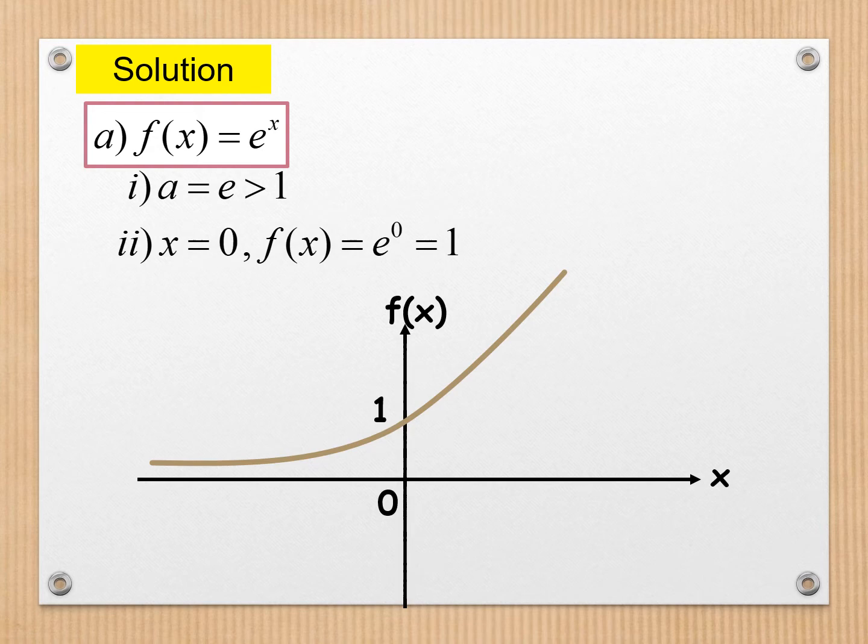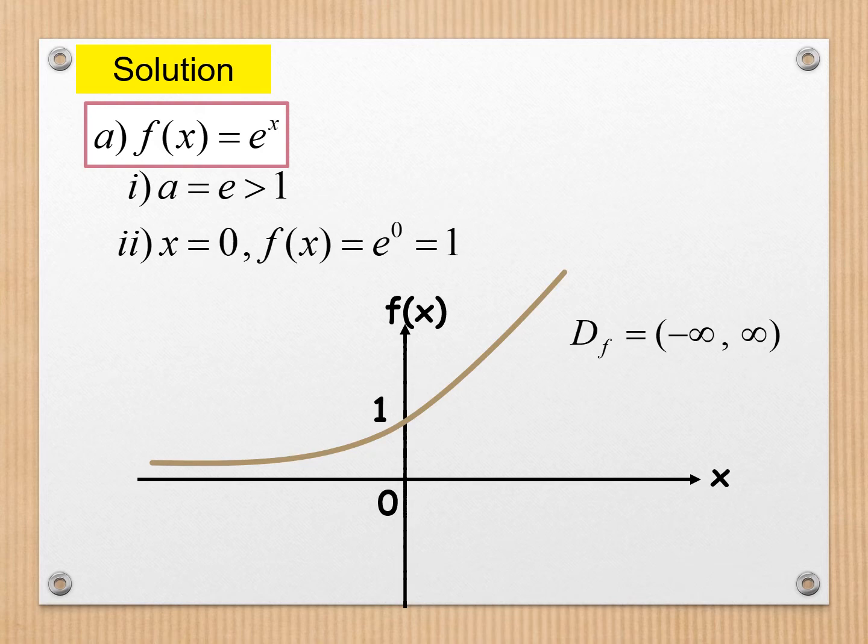From this graph, we notice that the domain of f is negative infinity to infinity, which means this graph can be extended on the left and on the right.